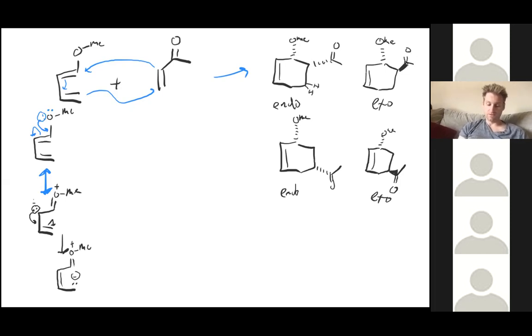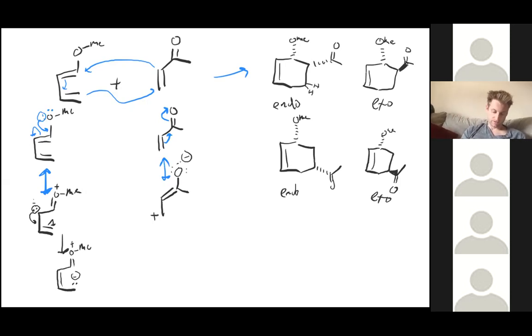There's also a resonance structure we can do with our dienophile here. I'm just going to redraw. And that resonance structure is where we push the electrons up, and get our ionic species where we have a plus and a minus.